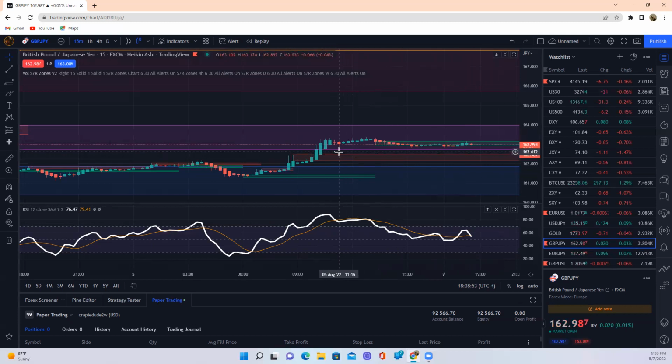So the Heikin Ashi candles typically open towards the middle of the previous candle, because the calculation is based off an average of the price movement from the previous candle. That's where the opening is going to be. And so the price movements and the price structure are a little bit different between the Heikin Ashi and the Japanese candles.